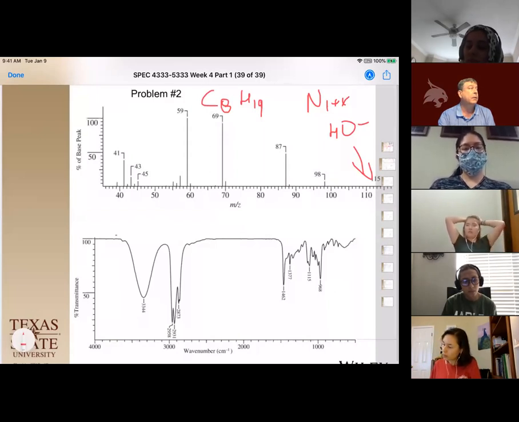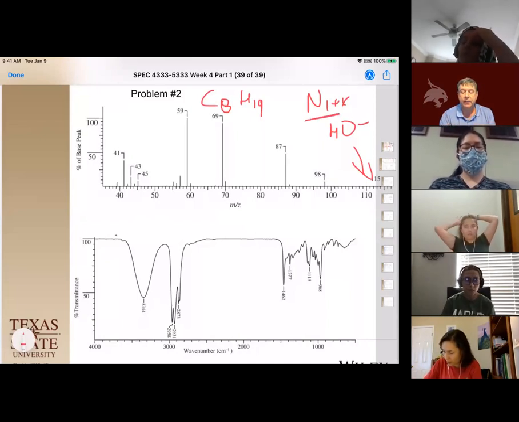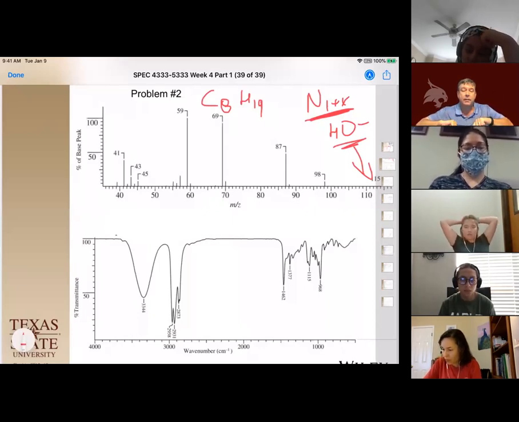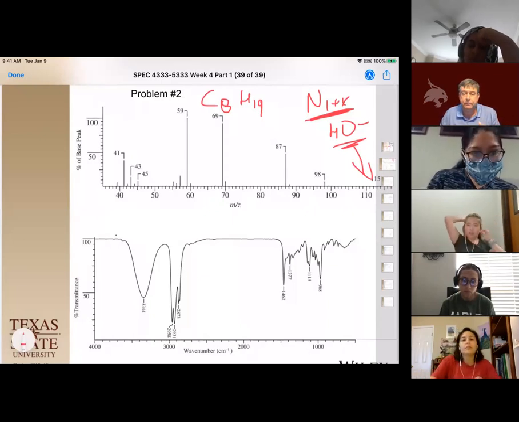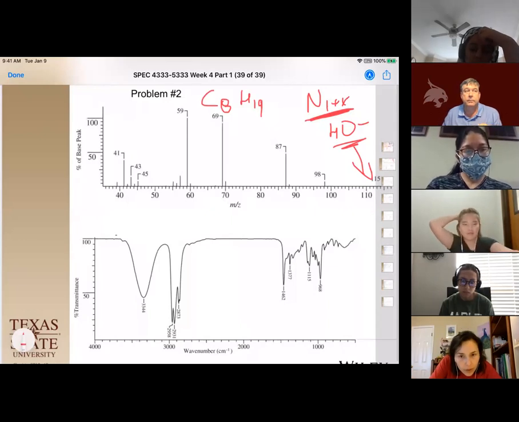Let's go to the next piece of information we have. Now that we have our empirical formula, we think we're going to have to substitute it because we have either a nitrogen or an oxygen with a hydroxyl. Let's look at the IR. What's the first thing we see in the IR? The broad peak of hydroxide.